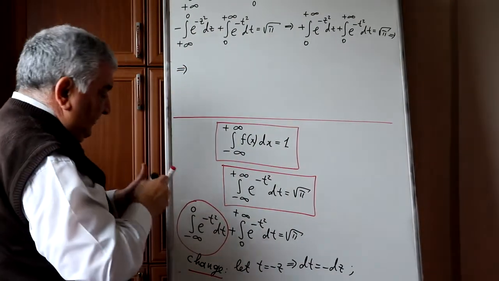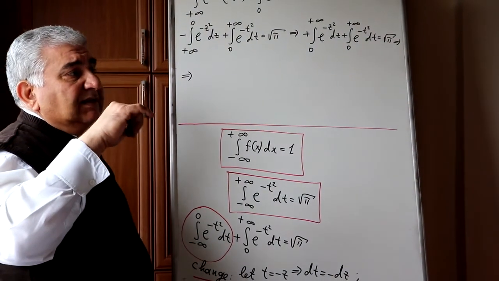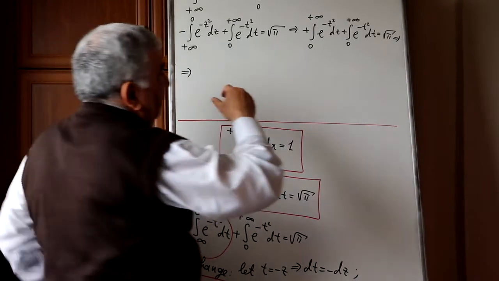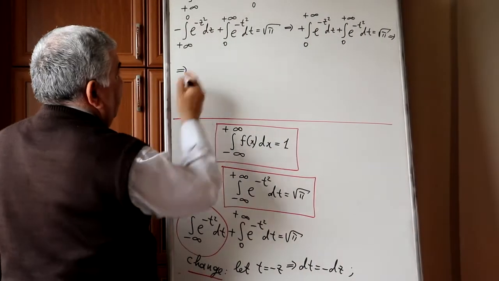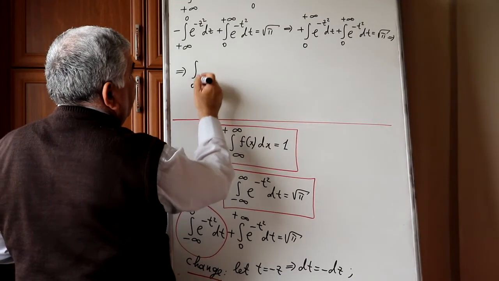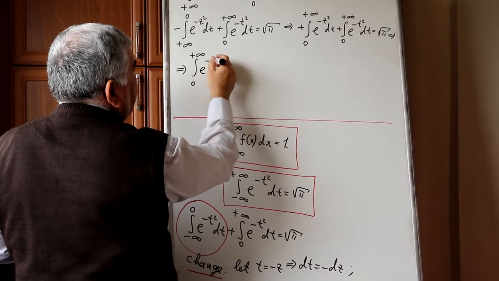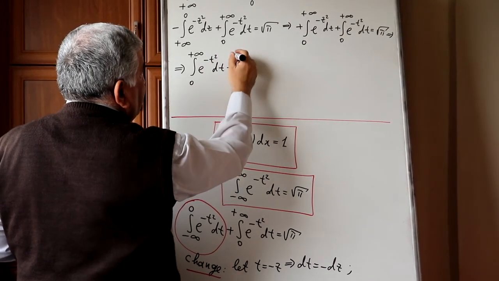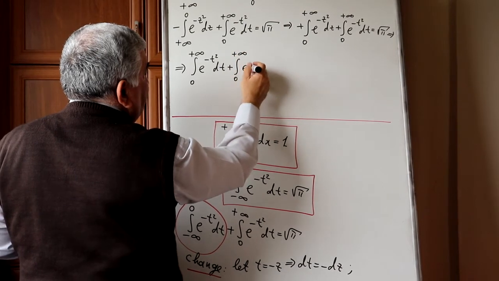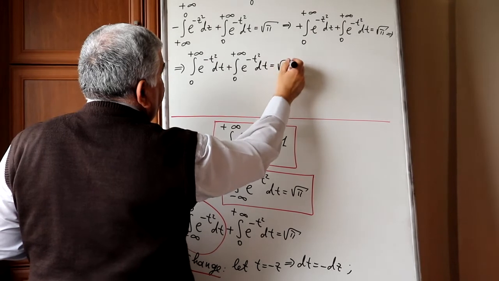Also, you know that the value of a definite integral doesn't depend on the integral variable, and therefore we can change z by t. Integral from 0 to plus infinity of e raised to minus t squared dt plus integral from 0 to plus infinity of e raised to minus t squared dt is square root of pi.